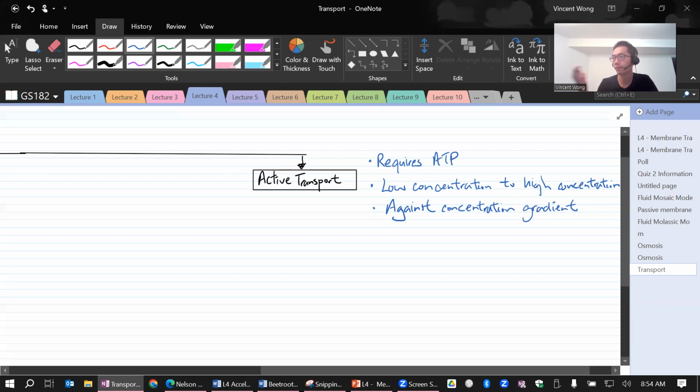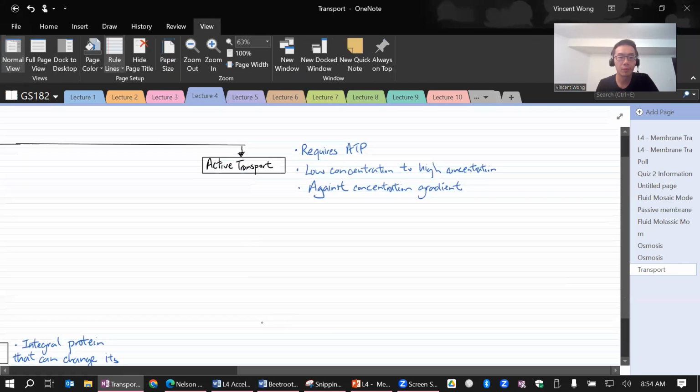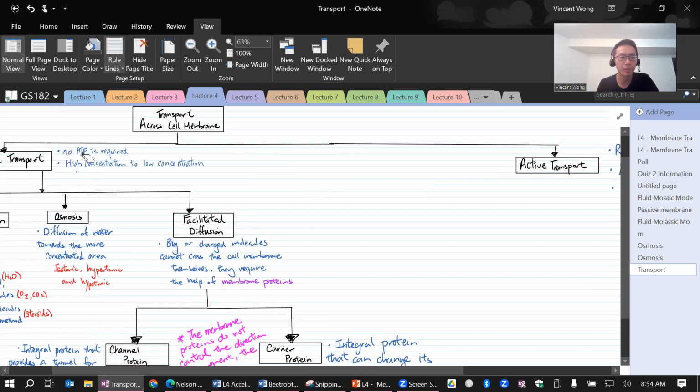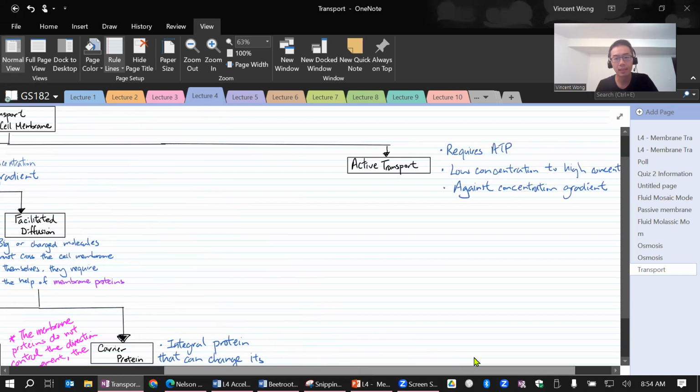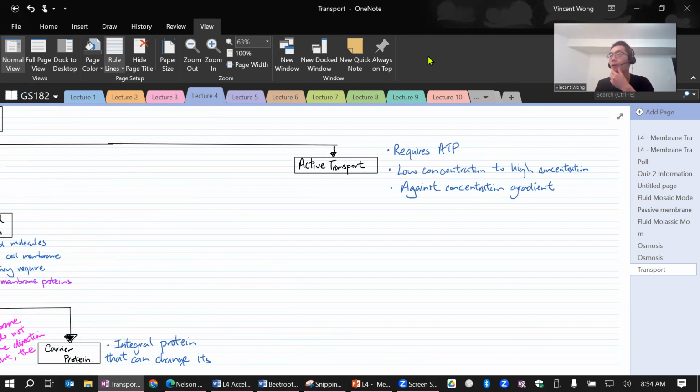Uphill, right? If you want, you can go back. I'll come back in a second. Over here, we can say down concentration gradient, downhill. A gradient is just a difference, right? So down concentration gradient over there, against concentration gradient for active transport. All right.